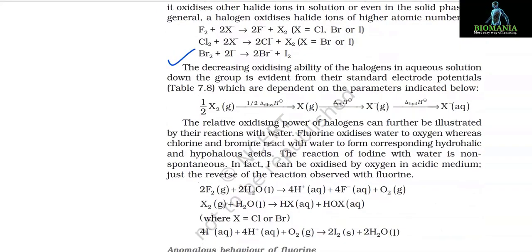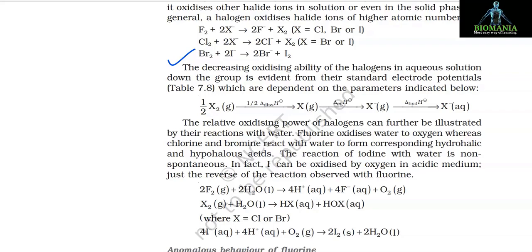The decreasing oxidizing ability of the halogens in aqueous solution down the group is evident from their standard electrode potentials, which are dependent on the parameters indicated below. The relative oxidizing power of halogens can further be illustrated by their reactions with water.